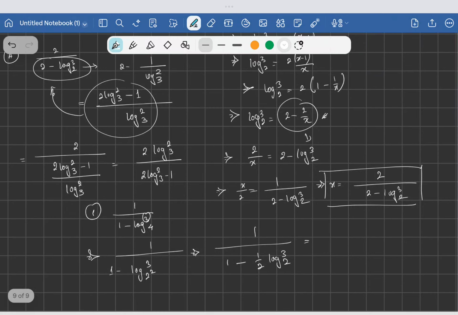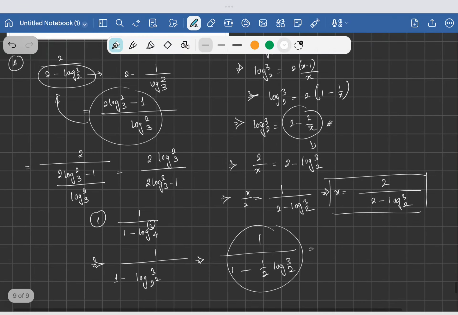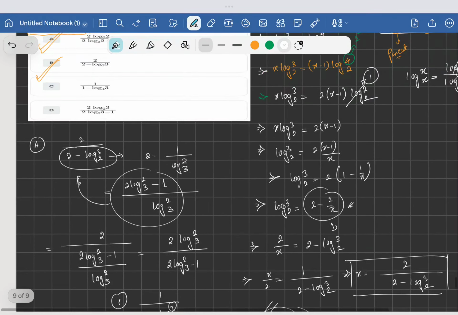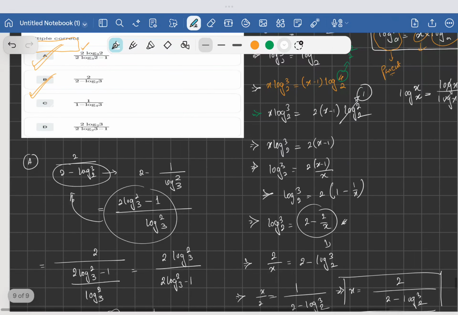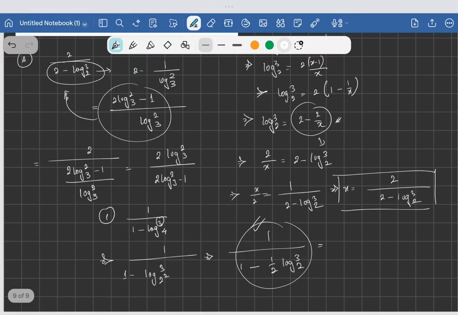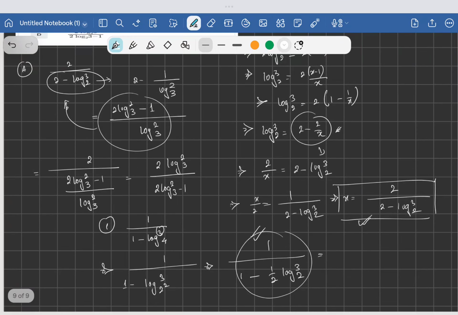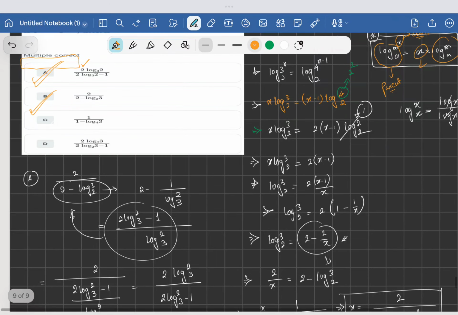By simplifying this expression, we can clearly see that our result comes out, which is 2 by 2 minus log 3 base 2. So this option is also correct.